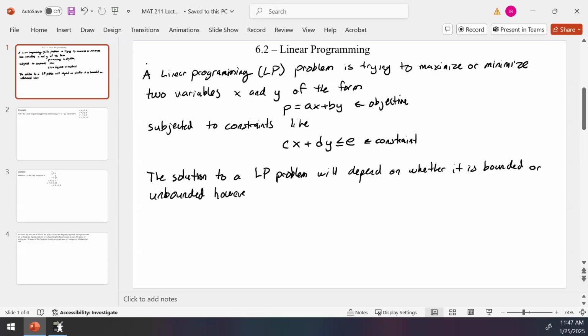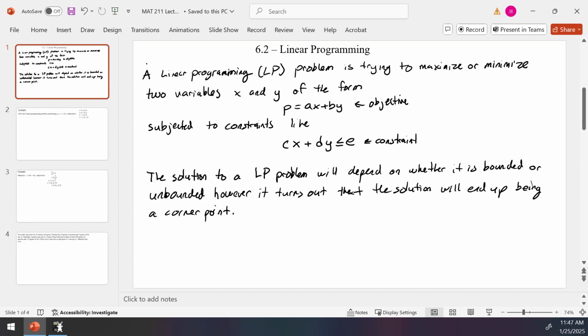However, it turns out that the solution will usually end up being a corner point. We can also call these feasible points, kind of like the feasible region, something along those lines.